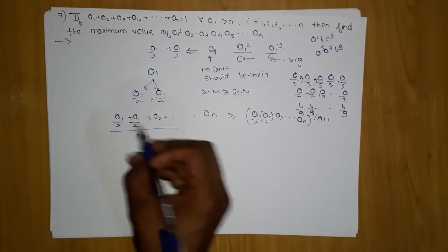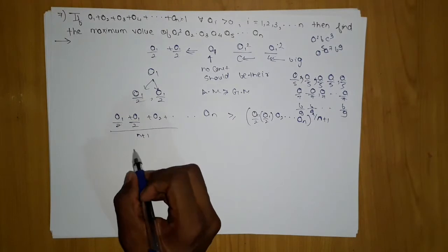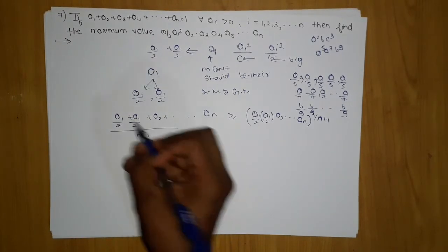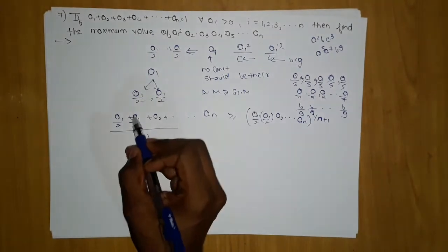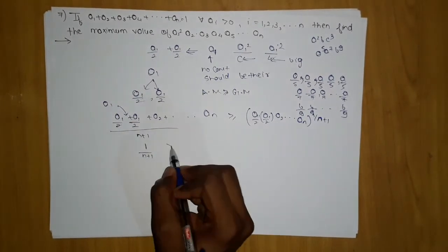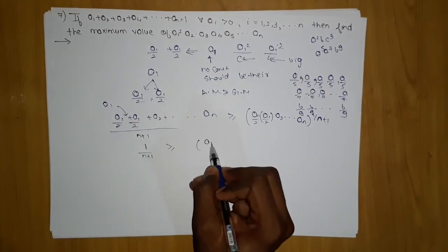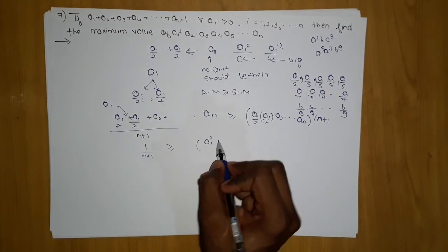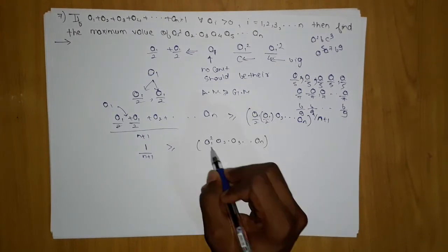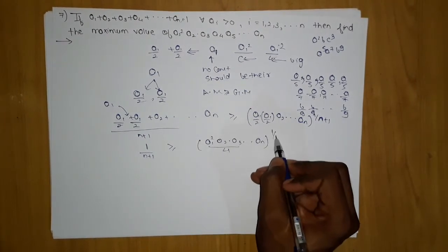So here this is a1 only, the sum of n terms, it is 1 by n plus 1. All the values add on to give me a1 only. So a1 till an will be 1, greater than or equal to a1 square into a2, a3, an upon 4, power 1 upon n plus 1.